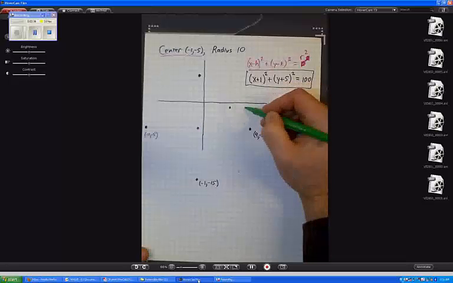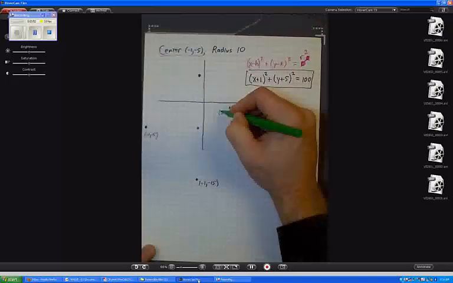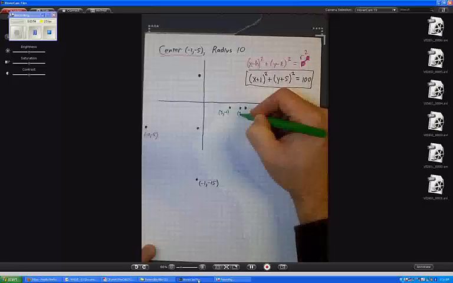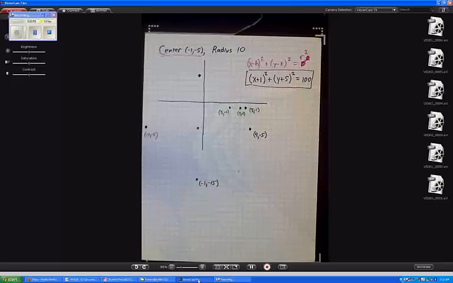I think that's on the circle. No, 7, negative 1. How would you be able to tell if any of those are on the circle? What's that? We can plug it in, right? We can plug it into the equation. So let's try those different points and see if we can find one that works. 5, negative 1, 7, negative 1, or 8, negative 1. And see if any of those work.